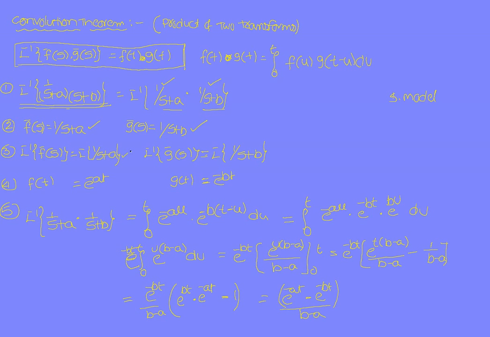Next, apply the L inverse on both sides; writing f bar of s and g bar of s is the second step, applying the L inverse is the third step, so you will get the f of t value and g of t value. Next, apply the convolution theorem, therefore you are going to get the integral 0 to t of f of u into g of t minus u. If you do the simplification, we will get the answer like this.